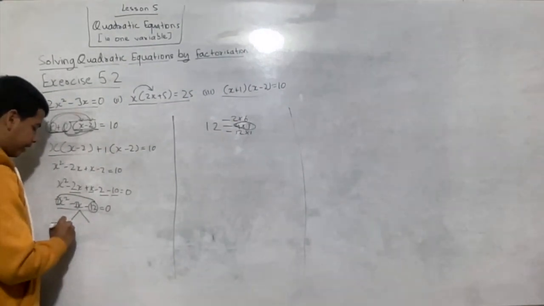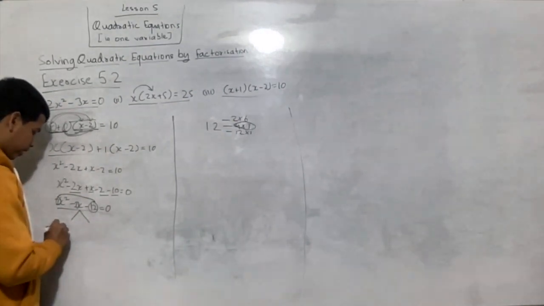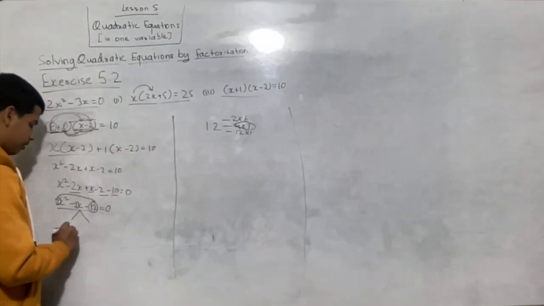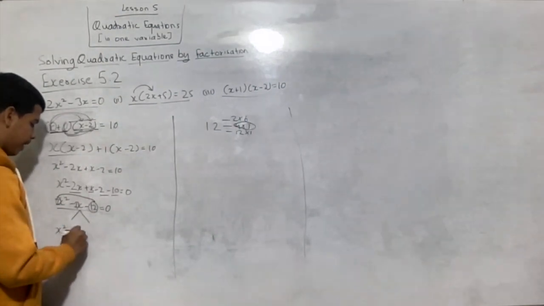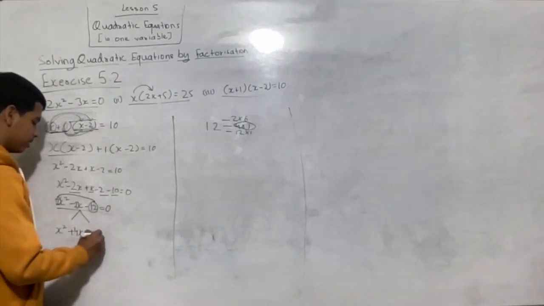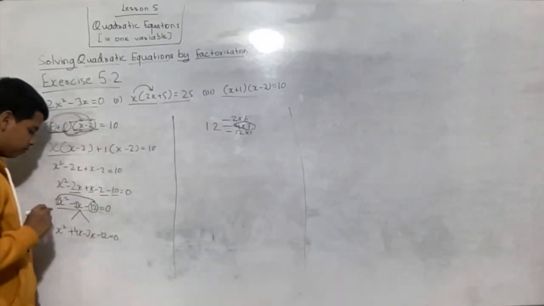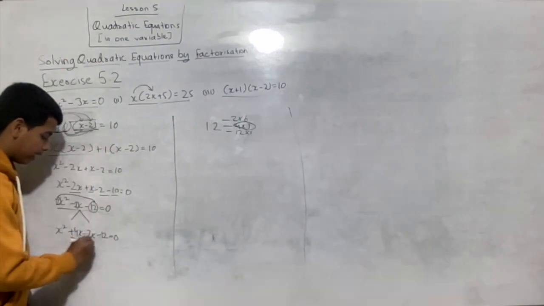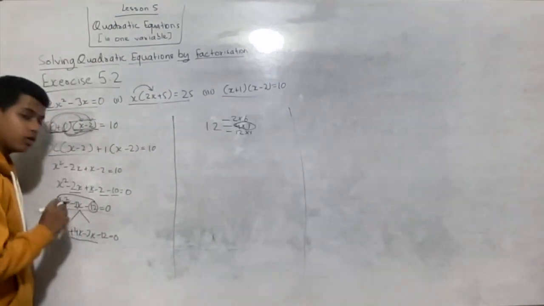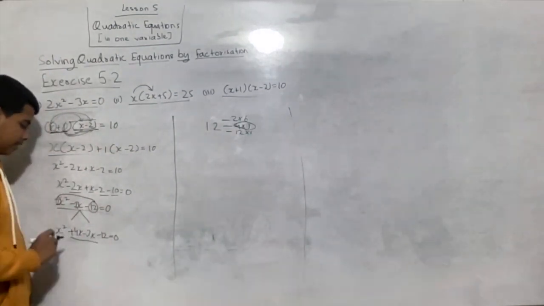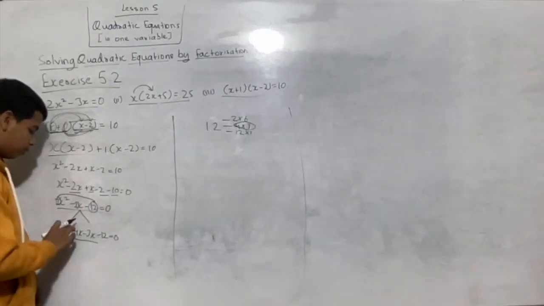But if I write x square plus 4x minus 3x minus 12 is equal to 0, there is some problem here. The problem is 4x minus 3x gives you plus x, not minus x. So I have to change the sign.